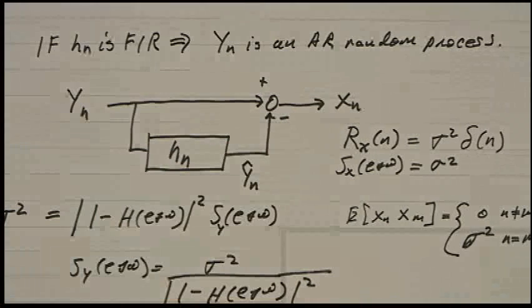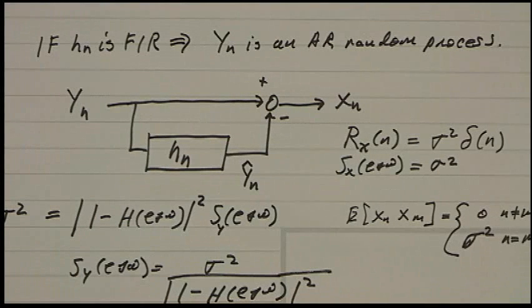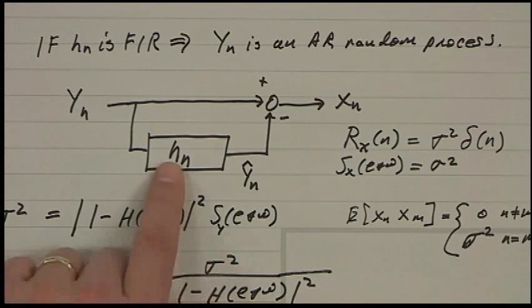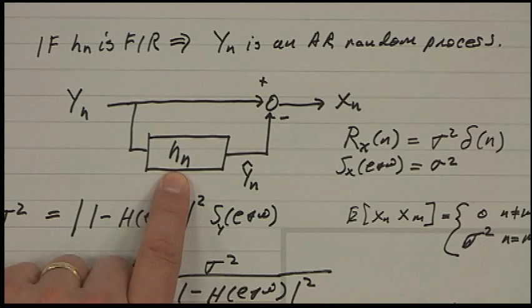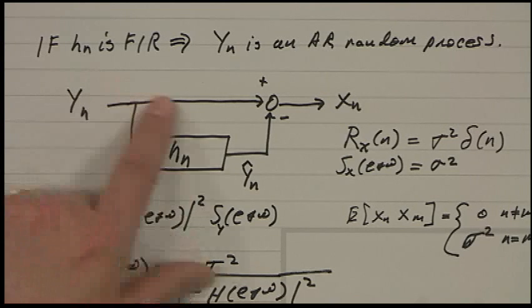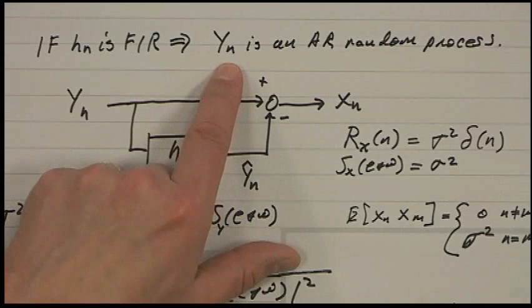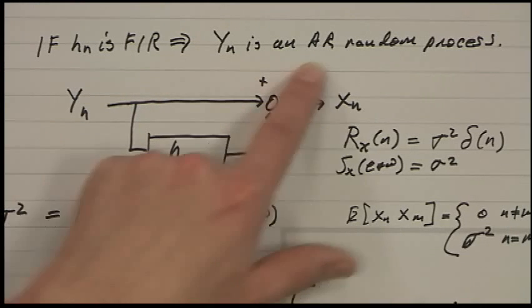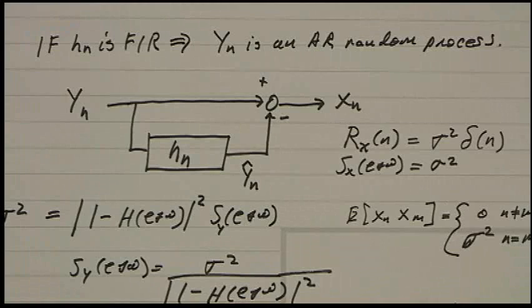AR processes are really quite general. The only thing is that, as a practical matter, if the number of terms you have to retain is like 7,000, at some point the number of parameters makes for an unwieldy model. It's not very elegant, and it may not be the right way to go at your problem. But you can basically model any stationary Gaussian random process as an AR random process.